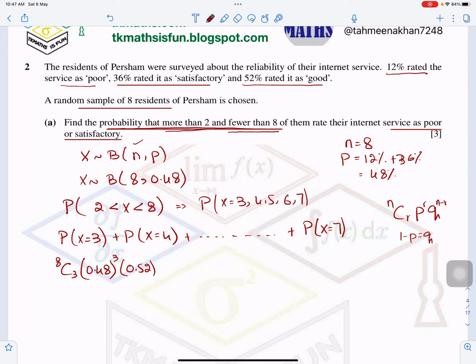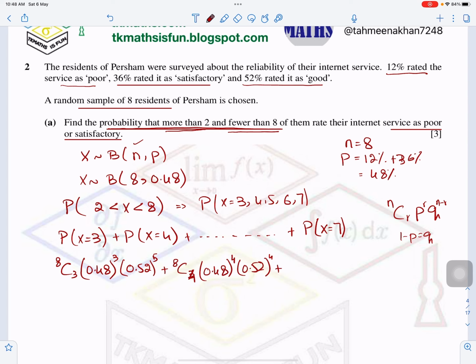So it will be power 8 minus 3. Now 8 minus 3 is 5, right? Similarly, I will write it for the rest of the terms. Very quickly, let me write it down here. Sorry, now I will write 4 here, not 3. 0.52, and 8 minus 4 is 4.